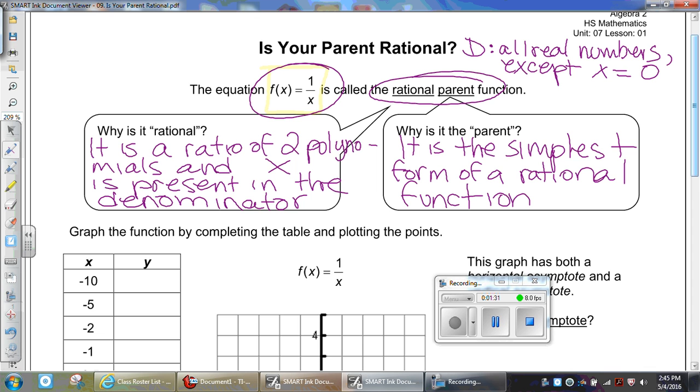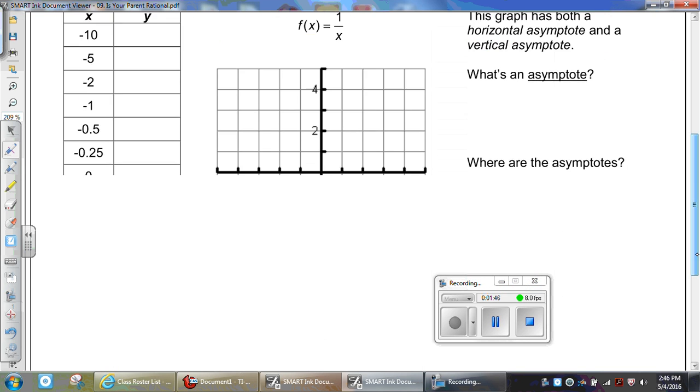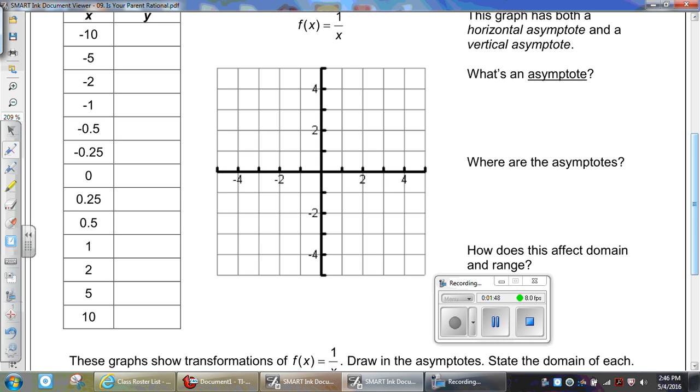There are other names to it. One of them is the reciprocal function. And that is because if you were to find, for example, here, what is f of 10, you will substitute 1 over 10.